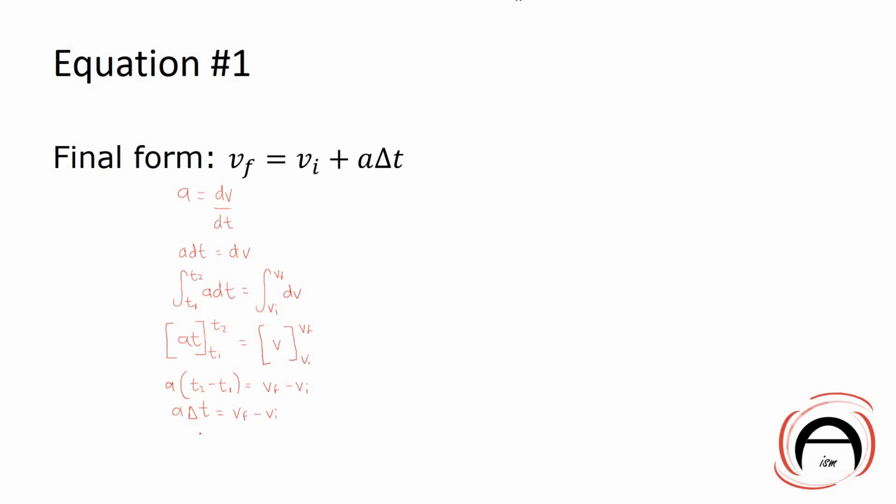Our final step is to add v initial to both sides. You have your final velocity equal to your initial velocity plus your acceleration times change in time. And there you have it, your very first cake equation, derived from your differential acceleration equation.